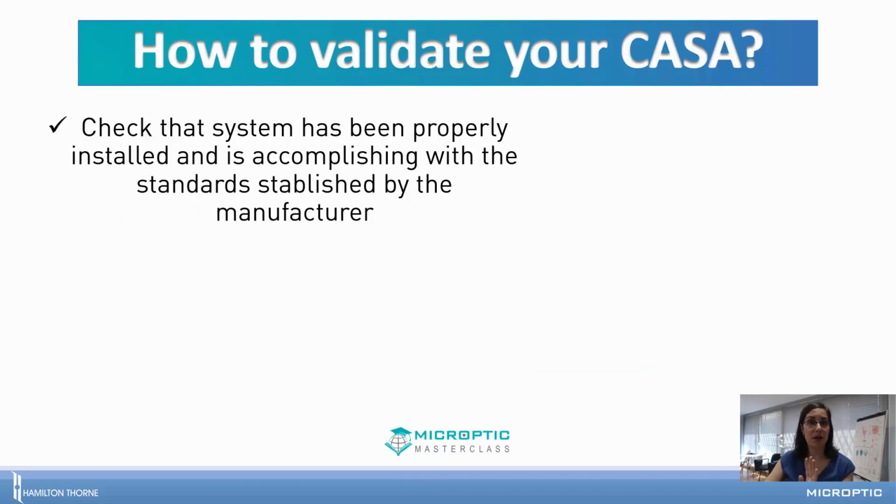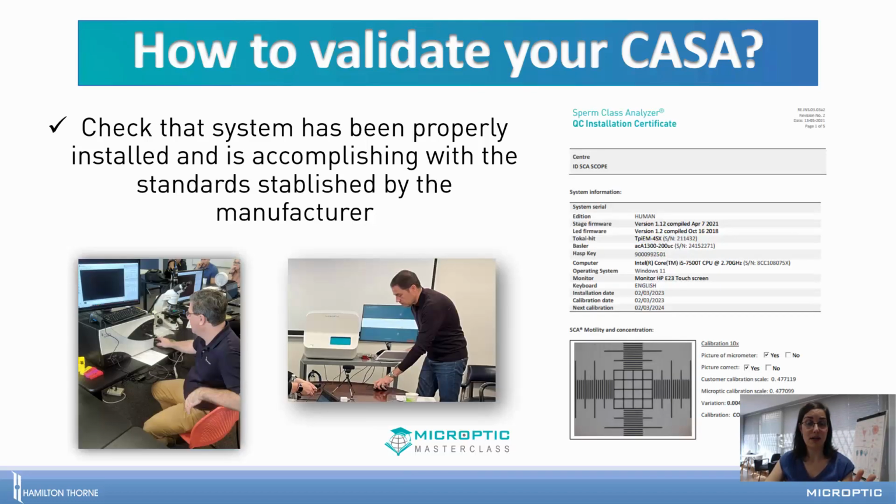The most important thing, and it is very basic, is to check that the system has been properly installed and calibrated. This is something very obvious, but it is required to check that the system to be used for the validation is being used according to the manufacturer requirements.